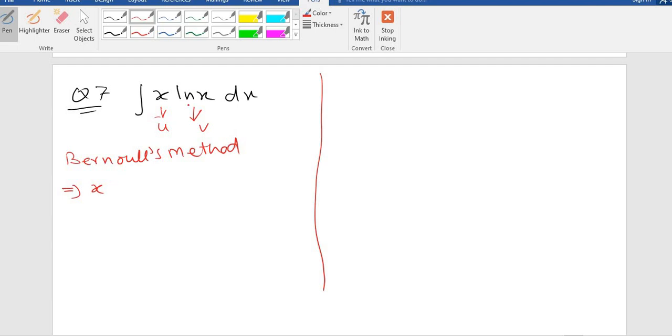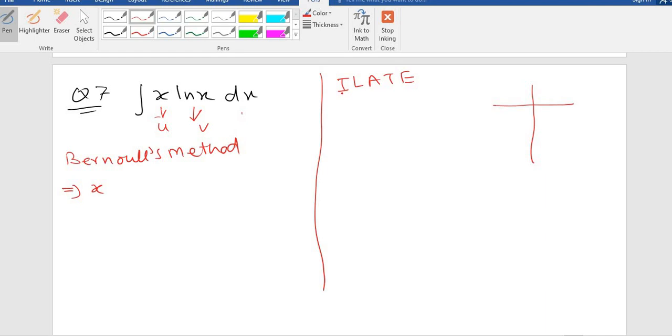Then integration of this one. So I am going to tell you here by using ILATE rule, because ILATE rule is good for that here. Because with Bernoulli's method, maybe you will feel some difficulty. So I am going to tell you that one, then I will tell you the ILATE method.